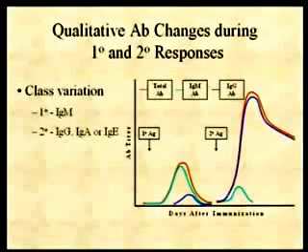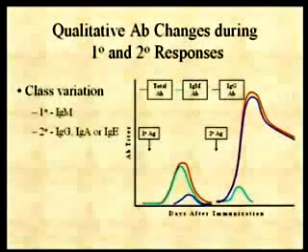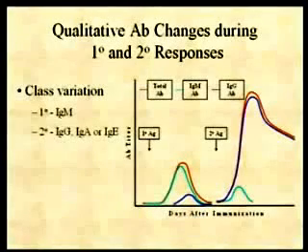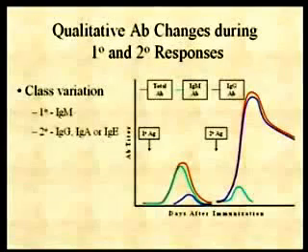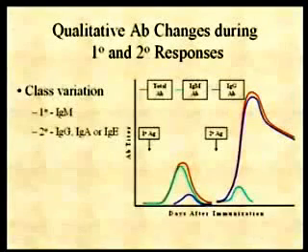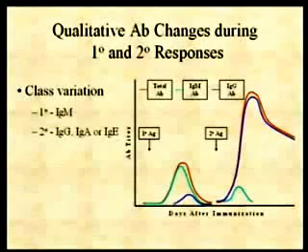In contrast, in the secondary response, while you do see some IgM being produced, the bulk of the response is in fact an IgG response. And when I say IgG, that could be IgE or IgA as well, if it switches over to making one of those classes of immunoglobulins. So they would follow this blue line just as well.